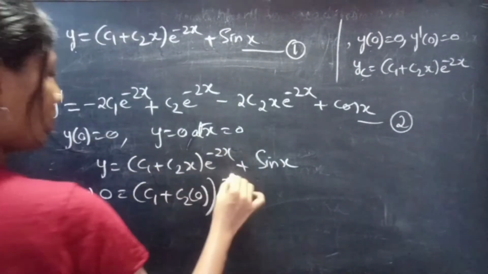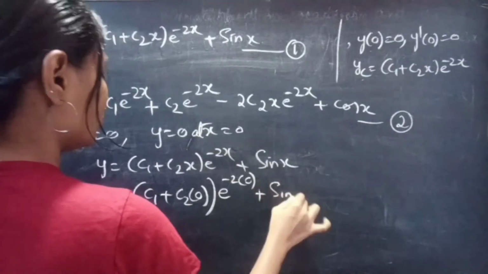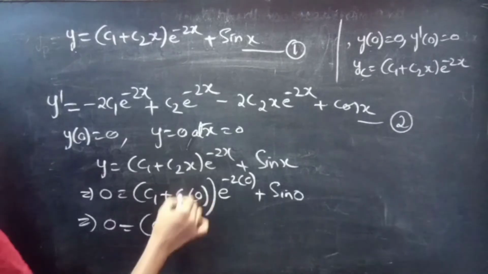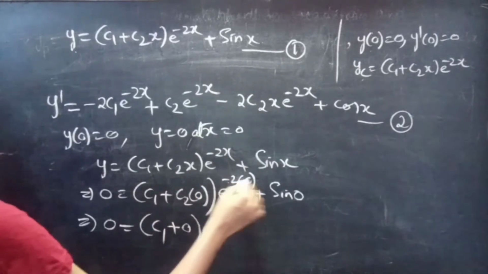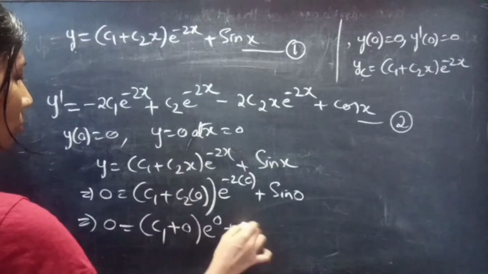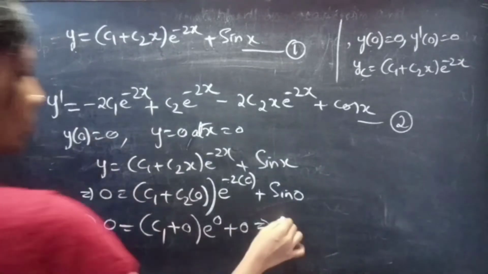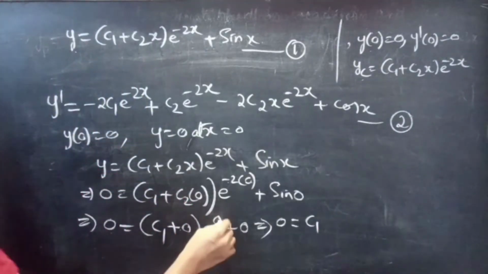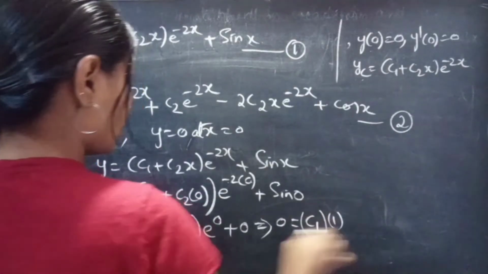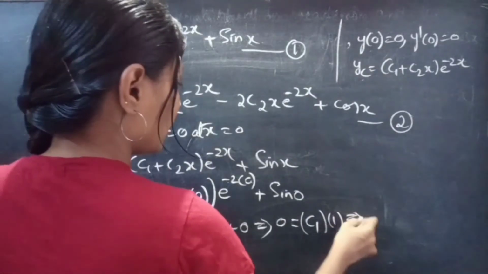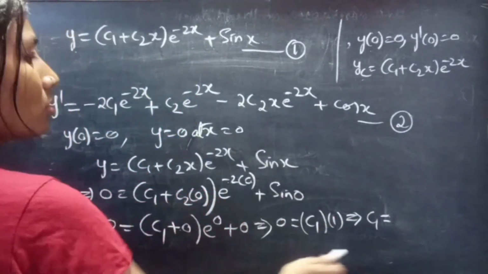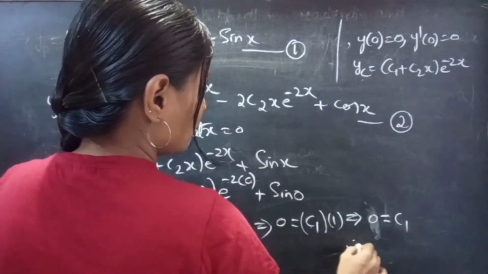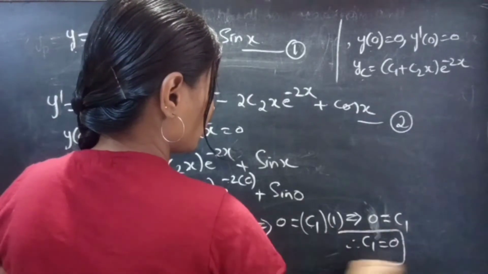Okay, 0 equals to c1 plus c2 into 0 into e power minus 2 into 0 plus sine 0, which is 0. Then we will get 0 equals to c1 into e power 0, which is 1, plus 0. Then we get 0 equals to c1 into 1, which is c1, right? Therefore the value of c1 is 0.